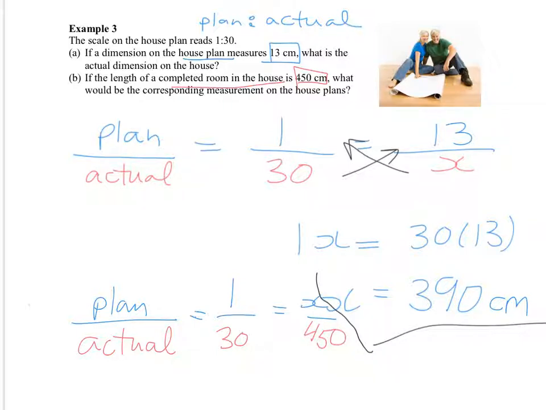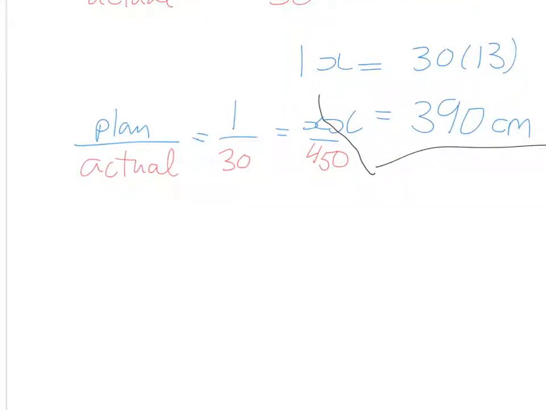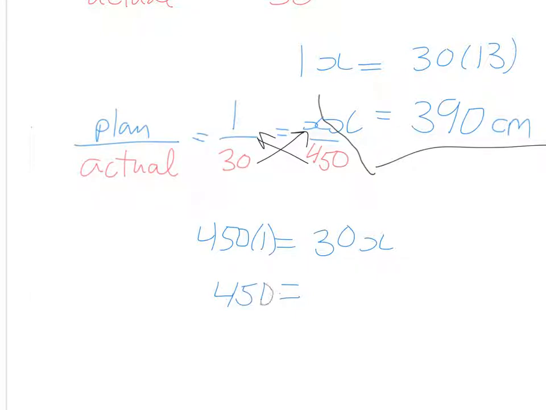Okay, and now we're just into our cross multiplying. So 30 times X gives us 30X, and 450 times 1 is 450. Then we divide by whatever is attached to x, and that leaves us with x on this side, and 450 divided by 30 is 15.